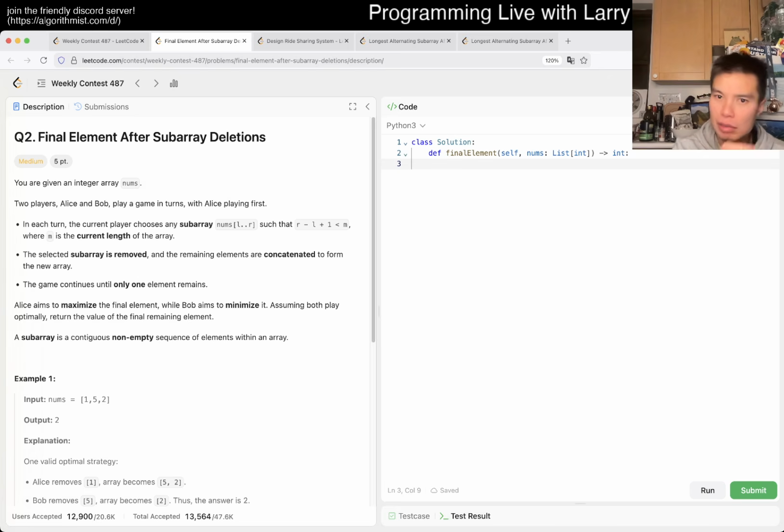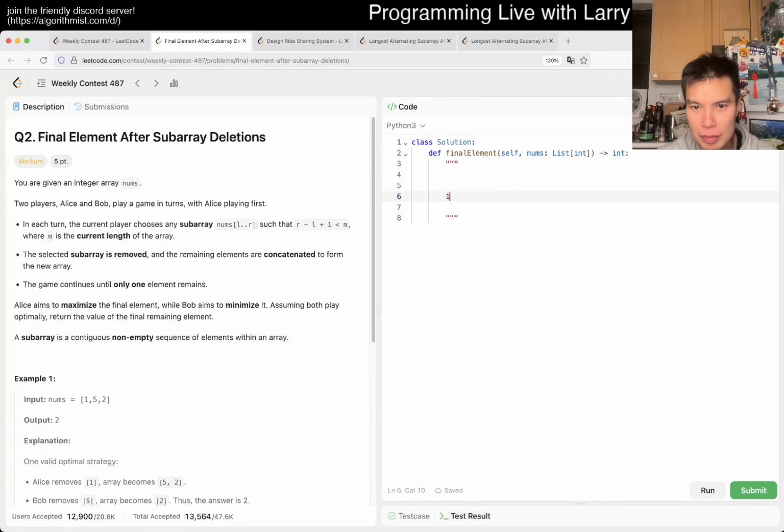Because, alright, let's play around with some numbers maybe. I don't know. I mean, in this case, you would just remove this and you're done, right? What if the maximum number is here? Remove this, then they remove this, and then it'll be 5. Remove this, it'll still be 5, but I don't know.